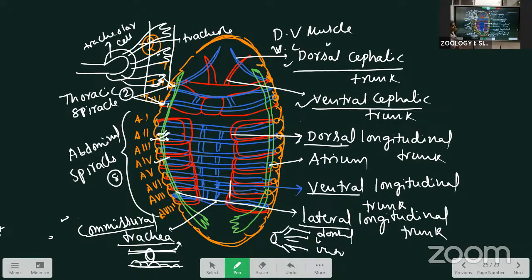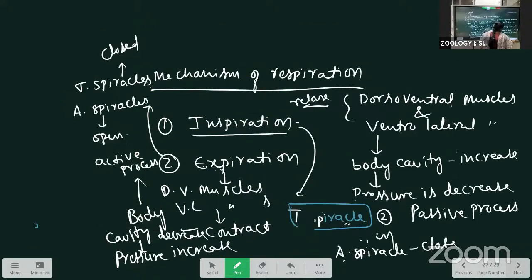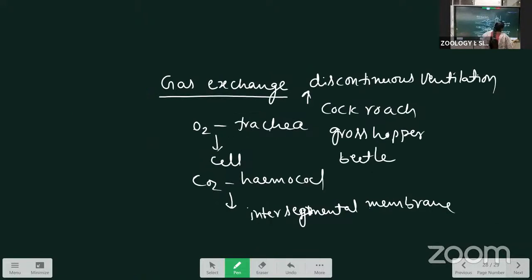tracheal system. Next, yesterday I left the mouth parts of cockroach incomplete, so I will draw again one more time. With this, one more diagram is also there. With that, we complete the total.